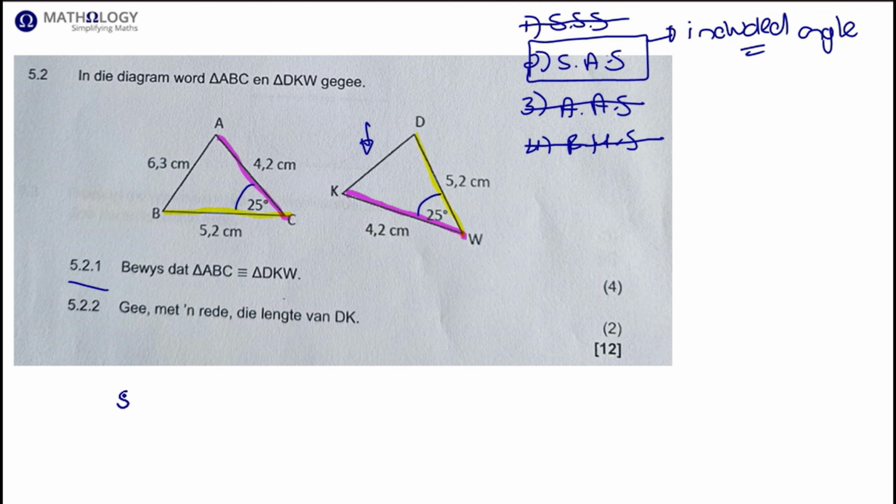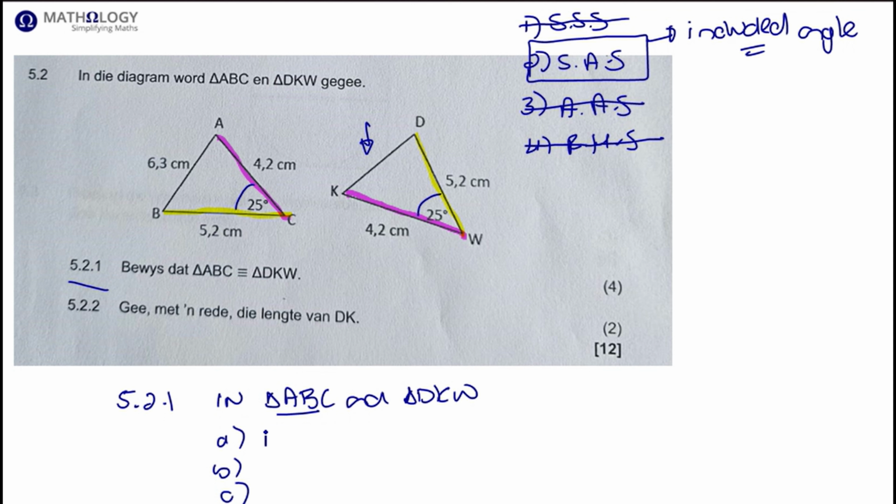So we're going to start the proof by saying in triangle ABC and triangle DKW, now you list the three conditions. We state triangle ABC first, so you always state information from triangle ABC on the left hand side.